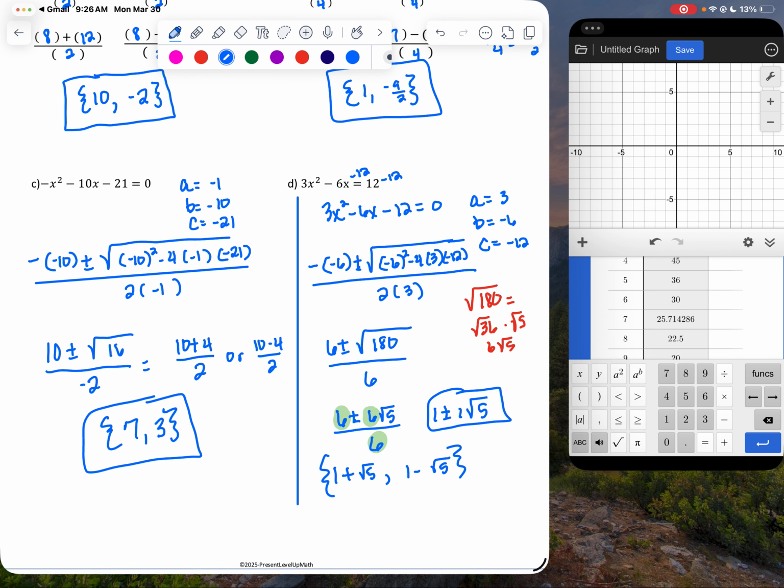Same answer. Either way is a totally correct way to write the answer. So 1 plus or minus square root 5, or 1 plus square root 5, comma 1 minus square root 5. Feel free to write your answer either way. And that concludes today's lesson, solving by the quadratic formula.